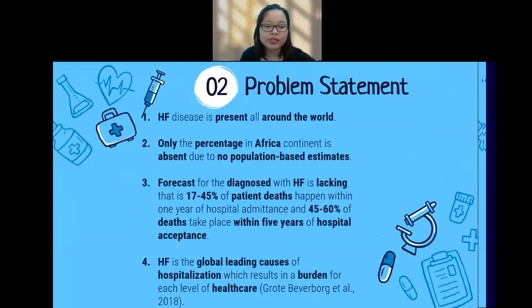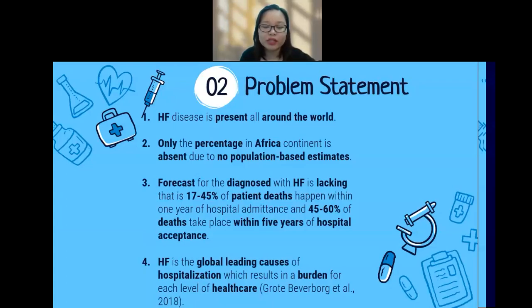For the problem statement, heart failure disease is present all around the world. Only the percentage in the African continent is absent due to no population-based estimate. Forecasting for those diagnosed with heart failure is lacking.